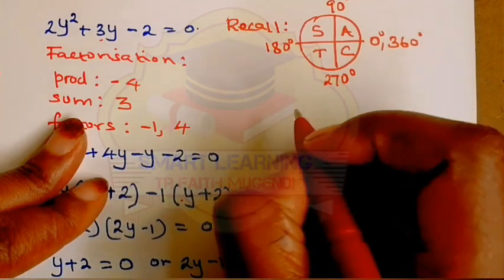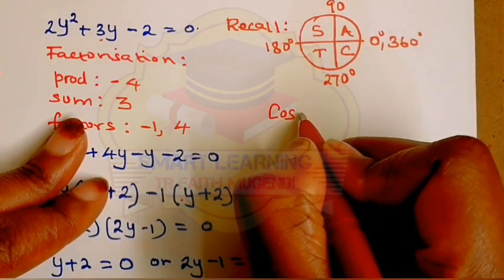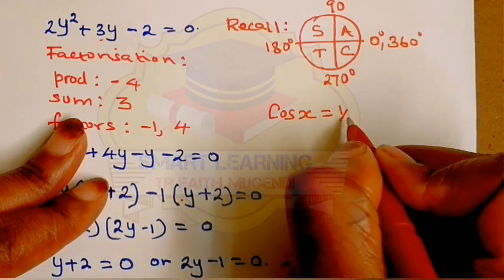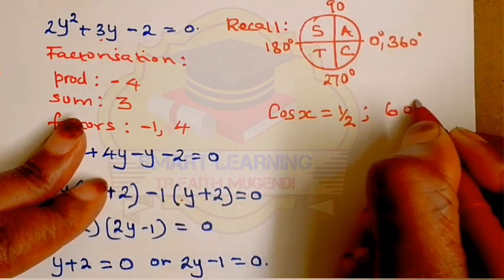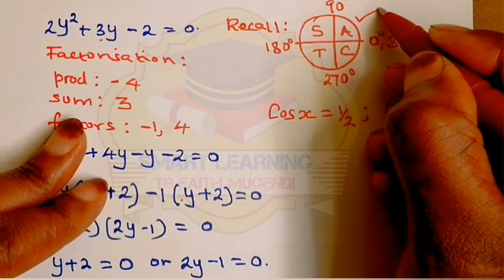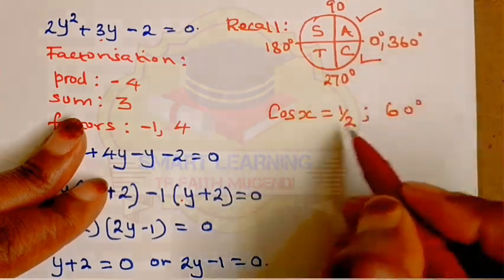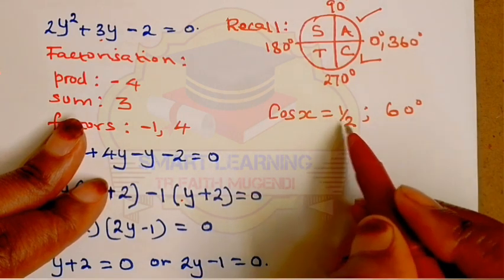So already we have seen that cos x equals half gives 60 degrees. We are supposed to get angles within this range and this range since it is positive.